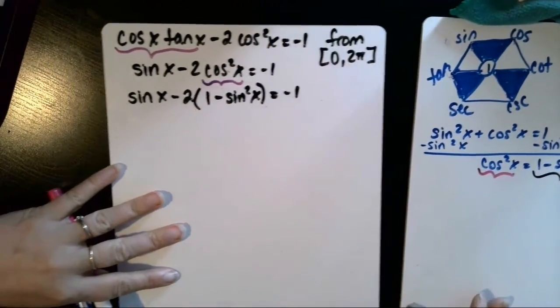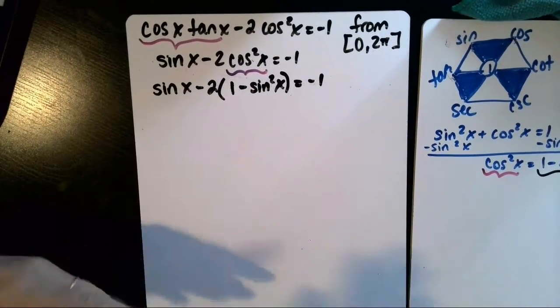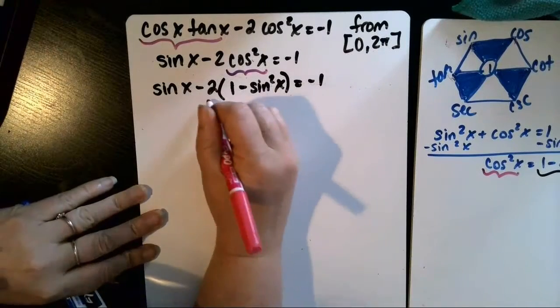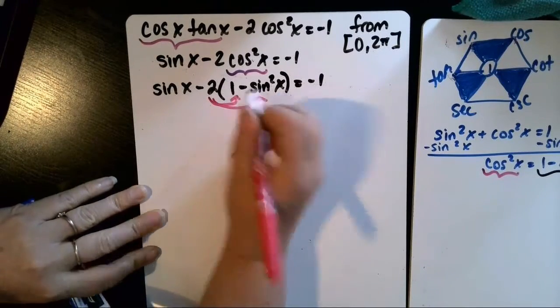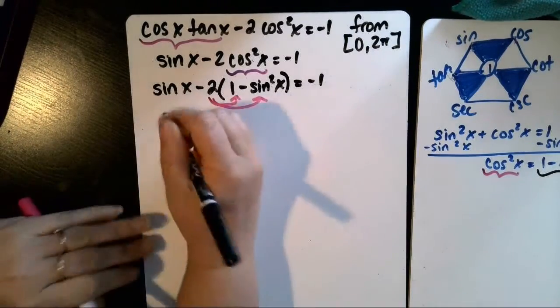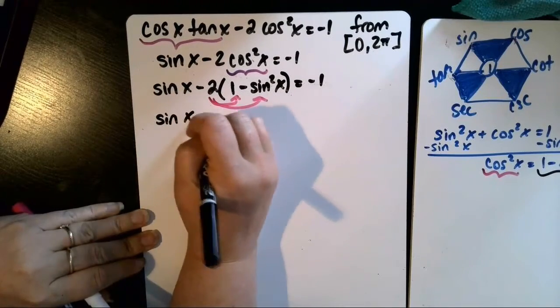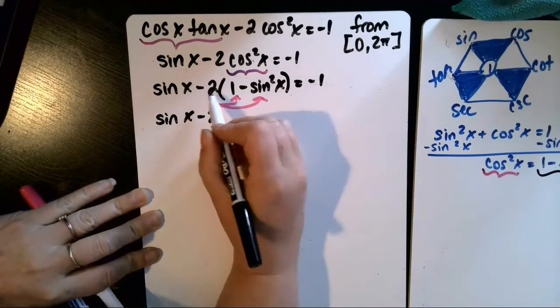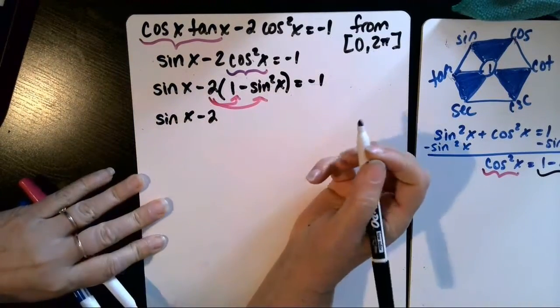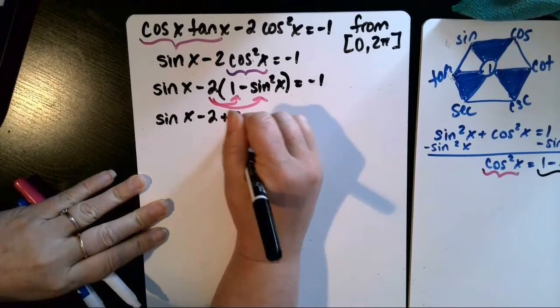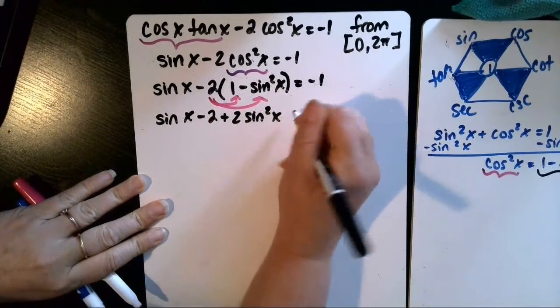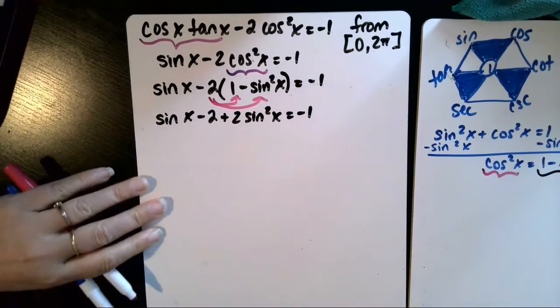So now we can go ahead and distribute to get rid of these parentheses. So we'll have sine x in the front minus 2. Then -2 times negative sine squared x is a positive 2 sine squared x equals -1.